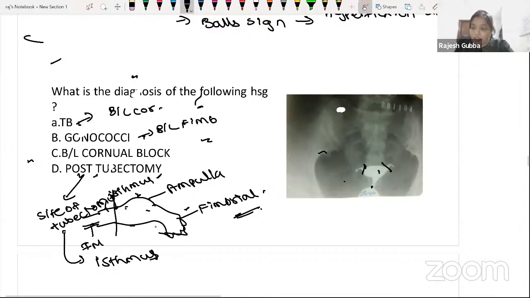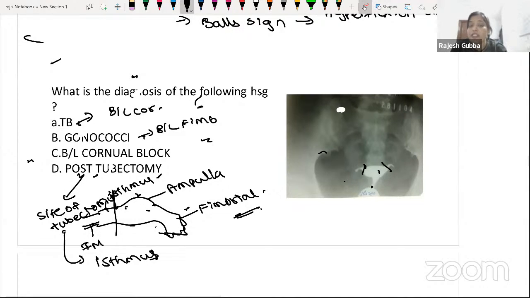So guys, if you observe the questions, these are all framed by me, where I'm trying to play with your concepts. Here I try to extract 2-3 points from all of you. Key: what is the site of tubectomy? That itself is one MCQ. Site of tubectomy is isthmus. Do you know why we cut at isthmus in tubectomy?